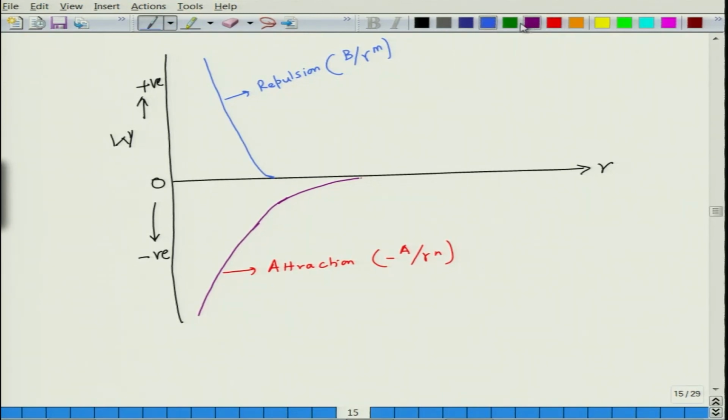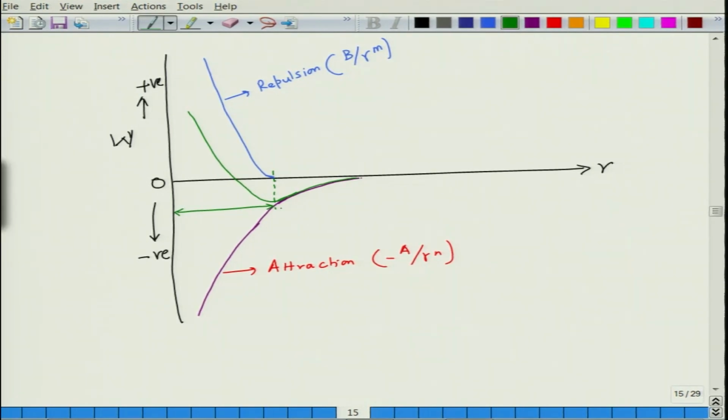And if you make a composite plot, the composite plot is something like this. It follows this, and at a certain separation, which happens to be the same point at which repulsive forces die much more quickly, because m is much larger than n.